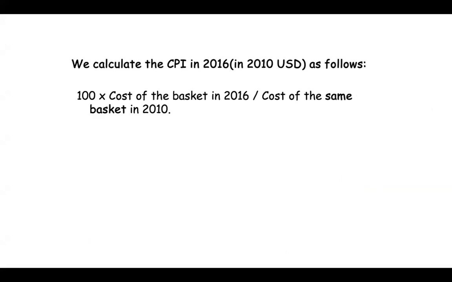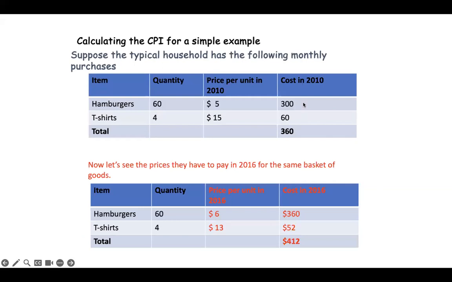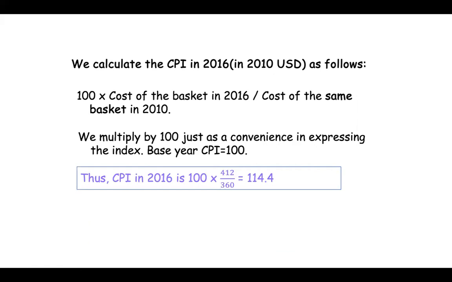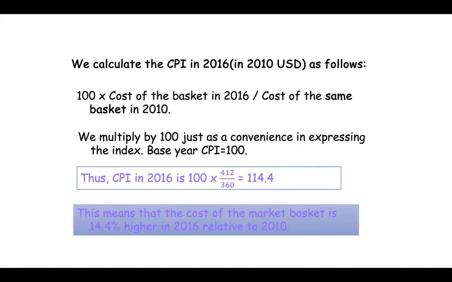The price index is the percentage increase relative to the base year. The cost in dollars in the base year was 360. So the CPI is this number, 412 divided by 360 times 100. So it gives you 114.4.